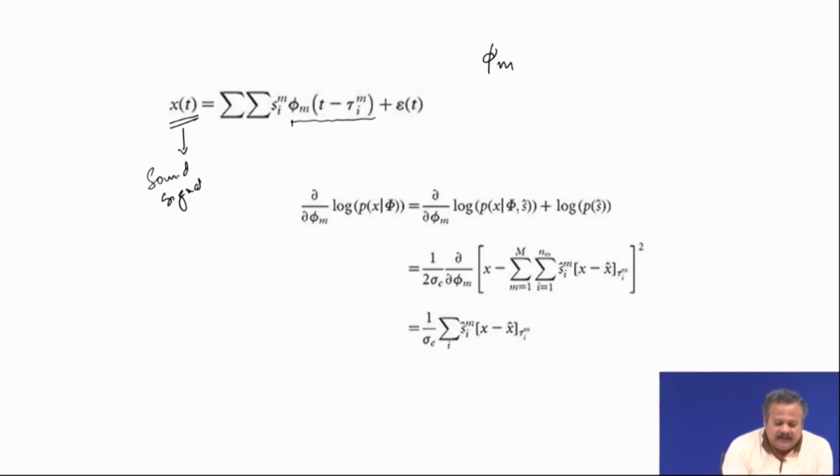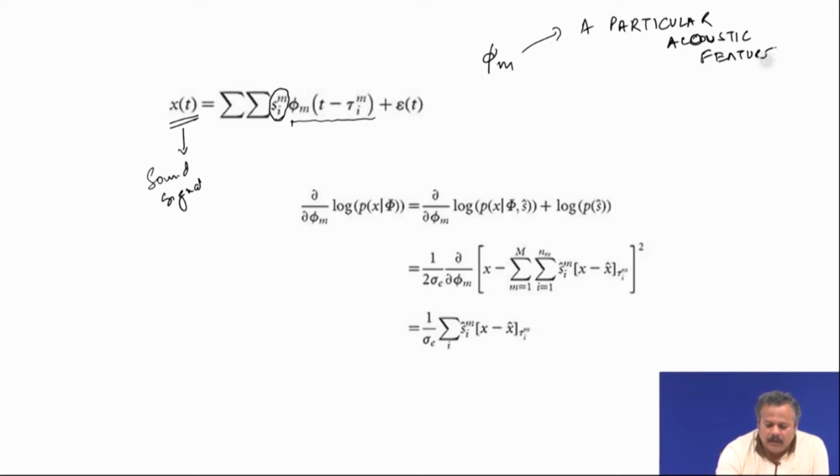So phi m is a particular acoustic feature, and we have M of them, and these are basically like parallel channels. Those phi m's are each individual acoustic features.